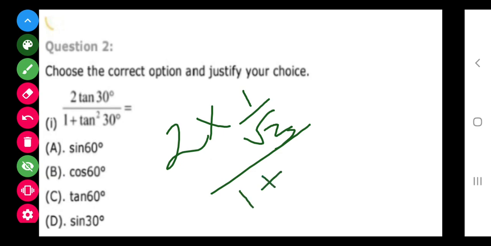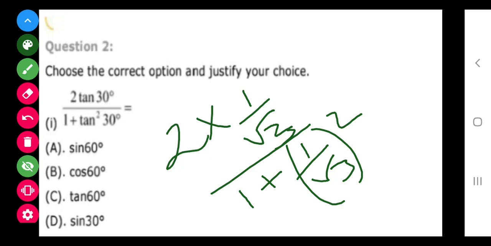So 1 plus 1 upon root 3 whole square. Now solve it, and after that you will get a particular value, and we have to check which it is: cos 60, cos 30, sin 60, tan 60, or sin 30.